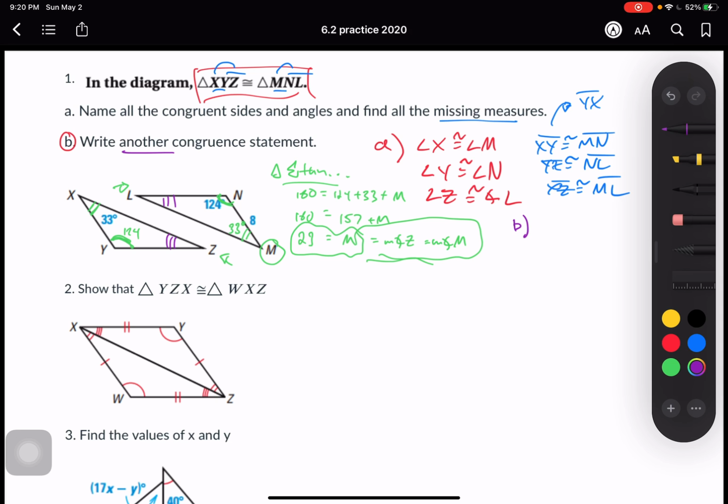I'm just going to look at the diagram and make something up. How about Y, X, Z? And why don't we be even more coy about it and put this on the right-hand side, just because it doesn't make a difference, and I'm showing off, whatever.